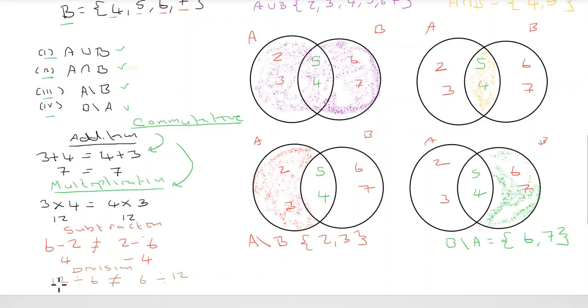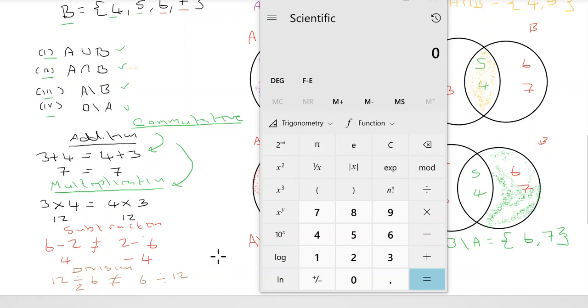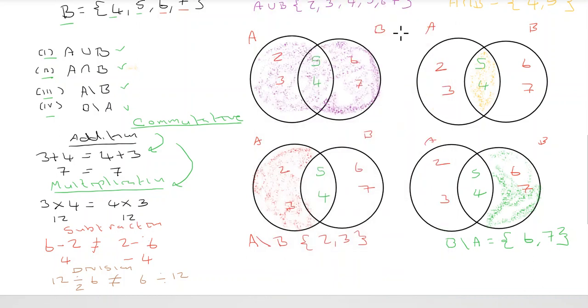So 12 divided by 6 is equal to 2, whereas 6 divided by 12, I'll just get my calculator for this. So if we take 6 divided by 12, that's equal to 0.5. So we can see that these values are not equal to each other.